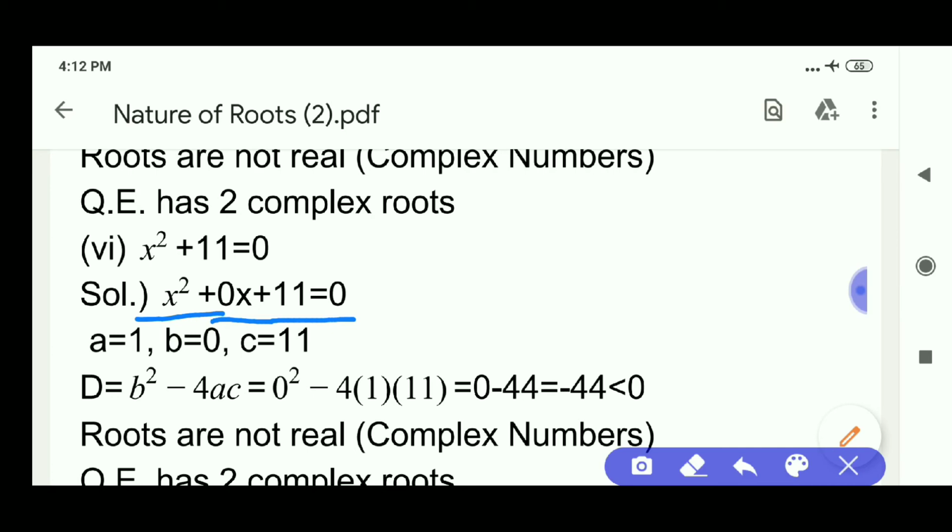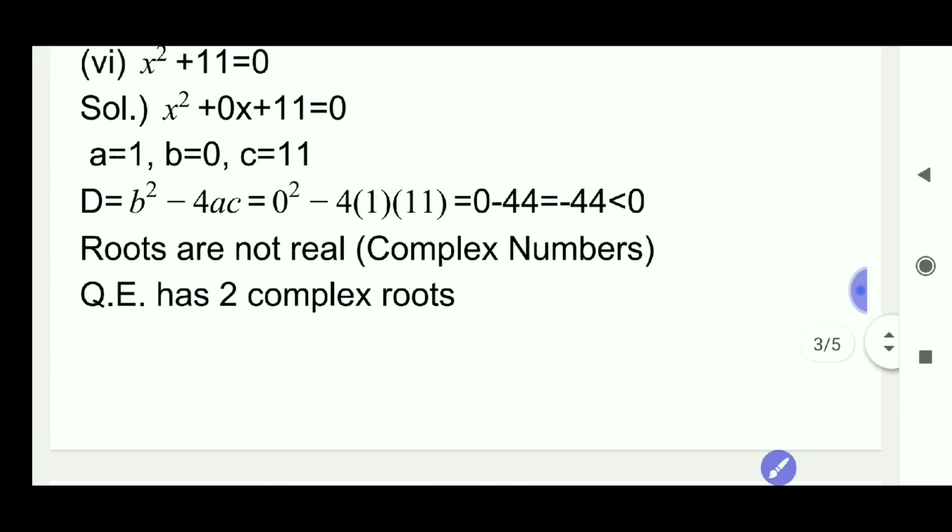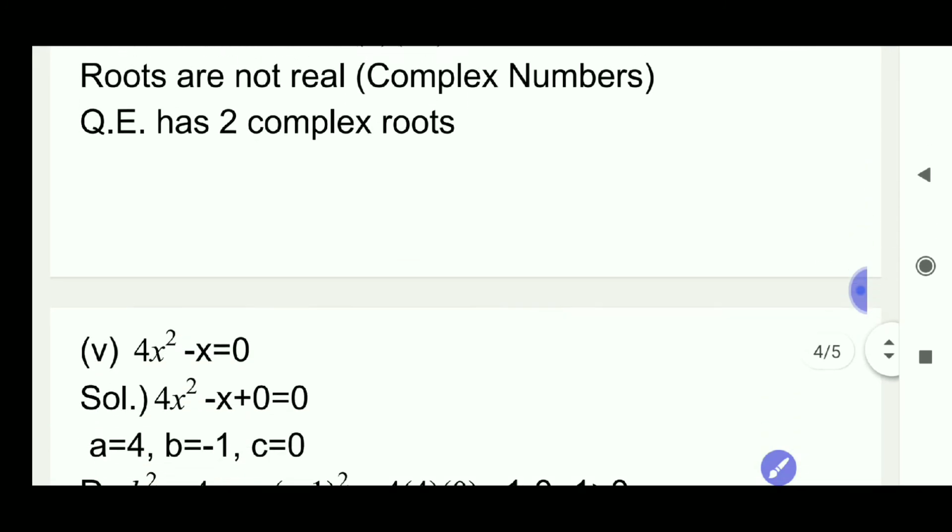Now a, x square coefficient, 1; b, x coefficient, 0; and c, constant term, 11. Now the discriminant is minus 44. So roots are not real. That means complex numbers. So the quadratic equation has two complex roots.